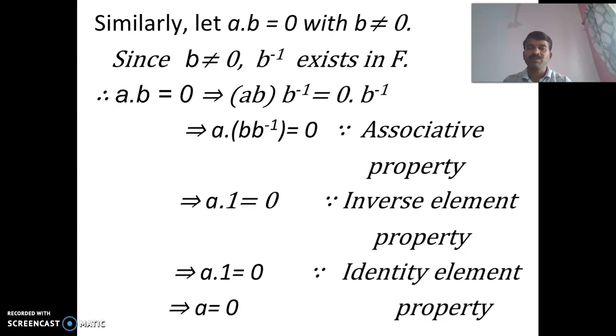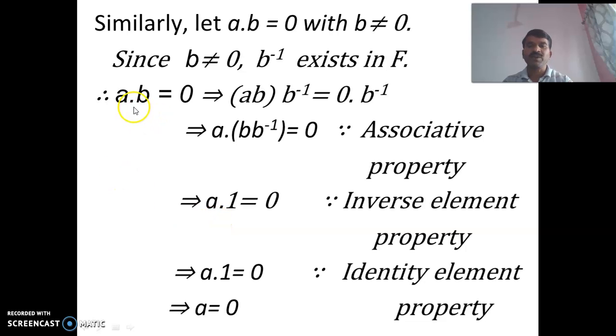And now similarly, take A dot B is 0 with B non-zero. We cannot take both A non-zero and B non-zero simultaneously, so one by one we have to see. In the previous case, A was non-zero and A dot B is 0. Here, since B is non-zero, the inverse of B also exists in that field.